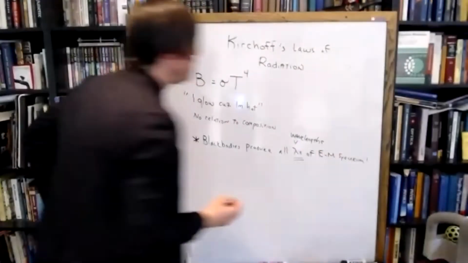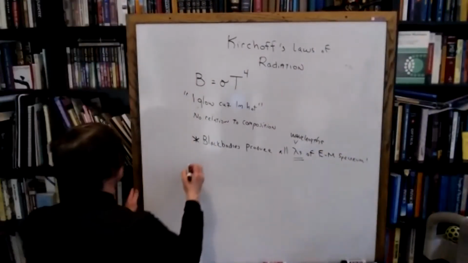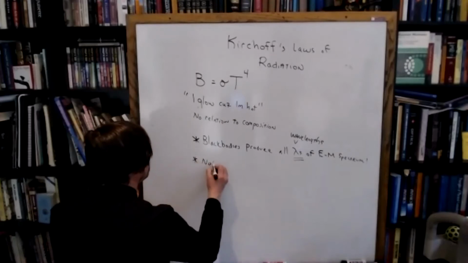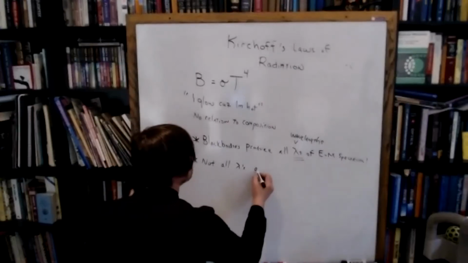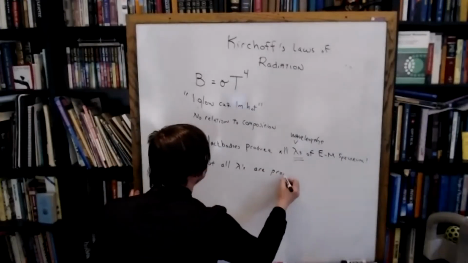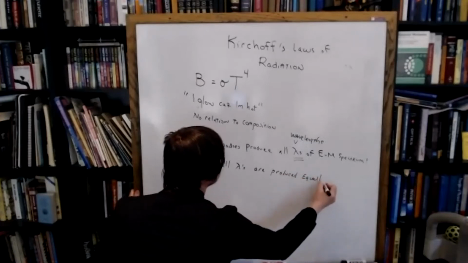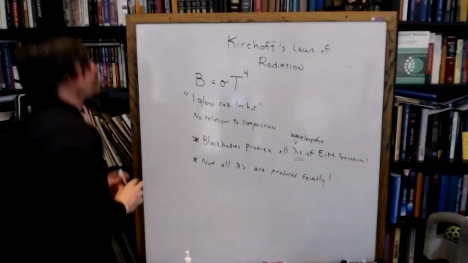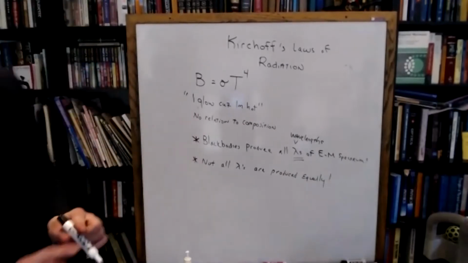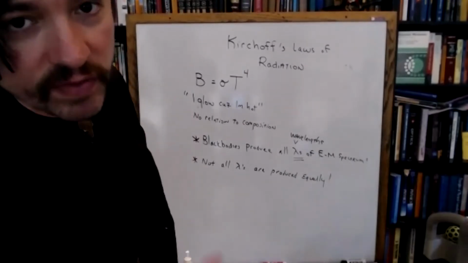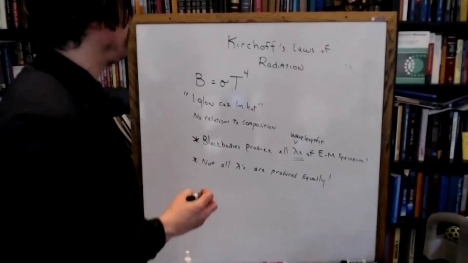Wavelengths. Black bodies produce all wavelengths of the electromagnetic spectrum, but as we saw in that family of curves, not all wavelengths are produced equally. That is to say, there is some unique wavelength called the peak wavelength or the maximum wavelength that is produced more than others.